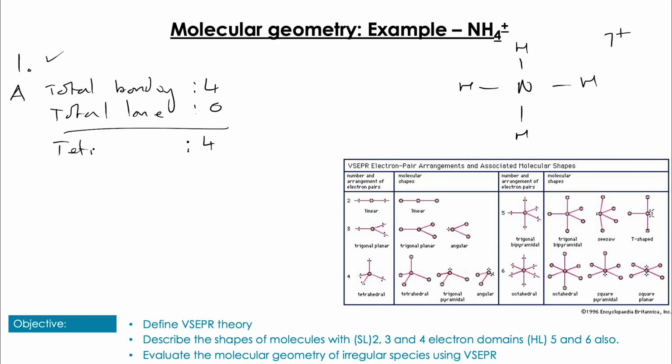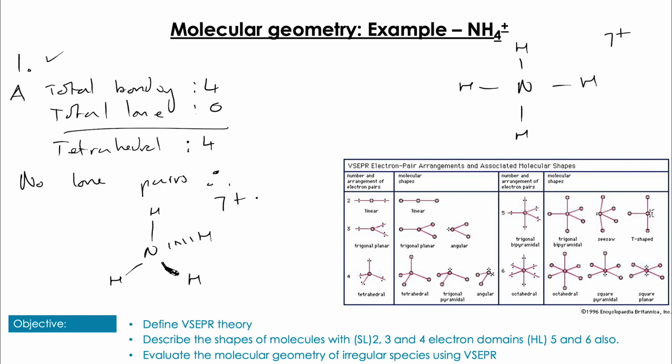So our base shape is going to be a tetrahedral one. Now we have no lone pairs in this case, so if we look at the table that I've put here, if we have no lone pairs, then we're just going to have that actual basic shape. So NH4 plus is going to have a tetrahedral orientation and the regular 109.5 degree angles between each of those bonds.